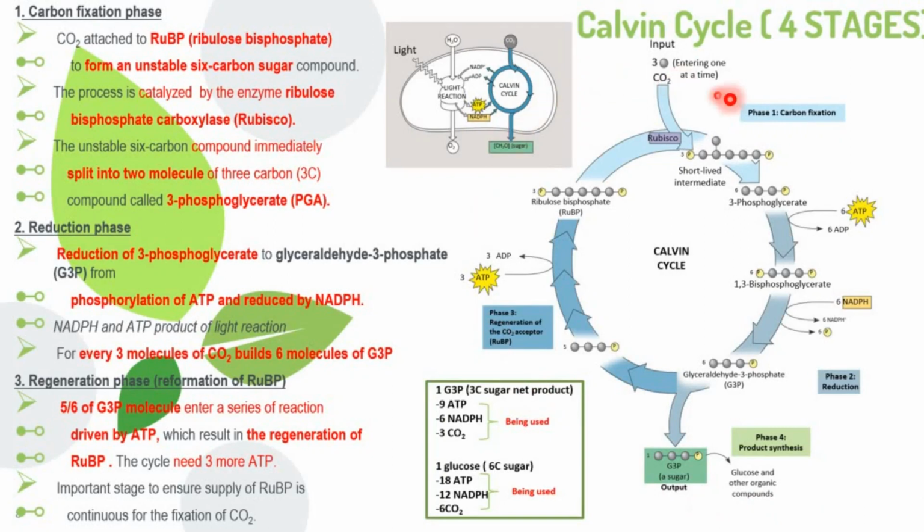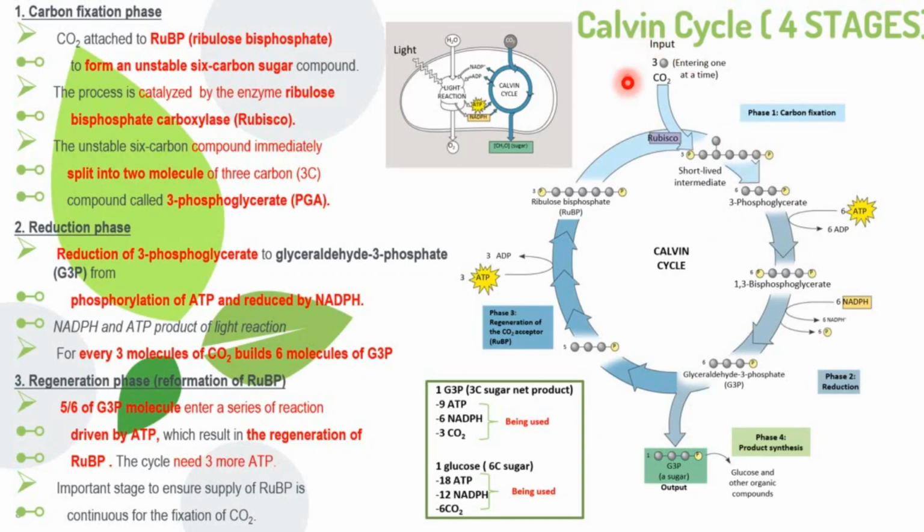So this is the overview of the Calvin cycle, or light independent reaction, or dark reaction. 3 molecules of carbon dioxide combine with RuBP to produce an unstable 6-carbon compound. The unstable 6-carbon compound splits immediately to produce 2 molecules of 3-PGA for each carbon dioxide molecule.